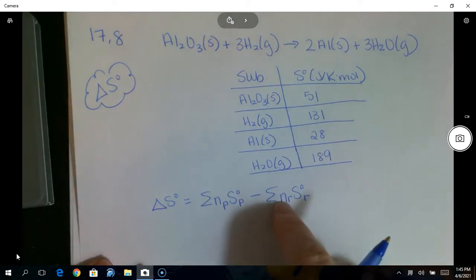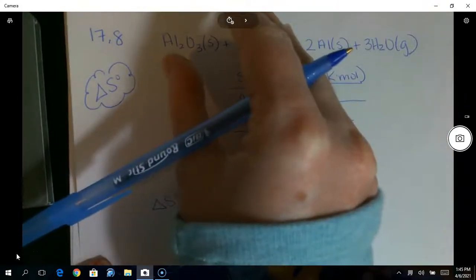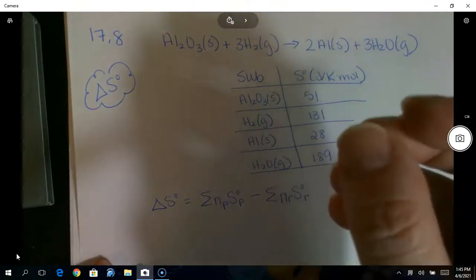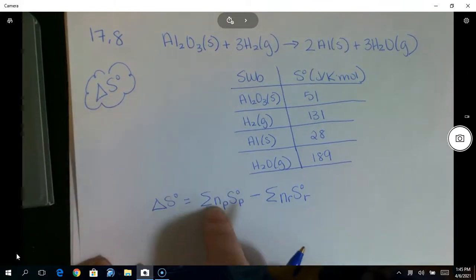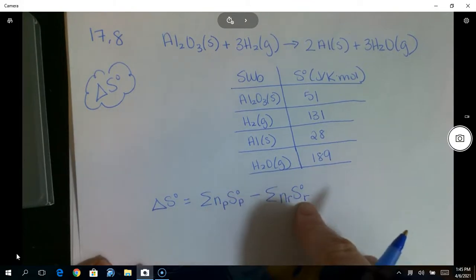We did number of moles times each one. Before, I just worked it out underneath the equation, and then you flip it later. When you think about change, it's always final minus initial. And this just sets it up as that, so final minus initial, or products minus reactants.